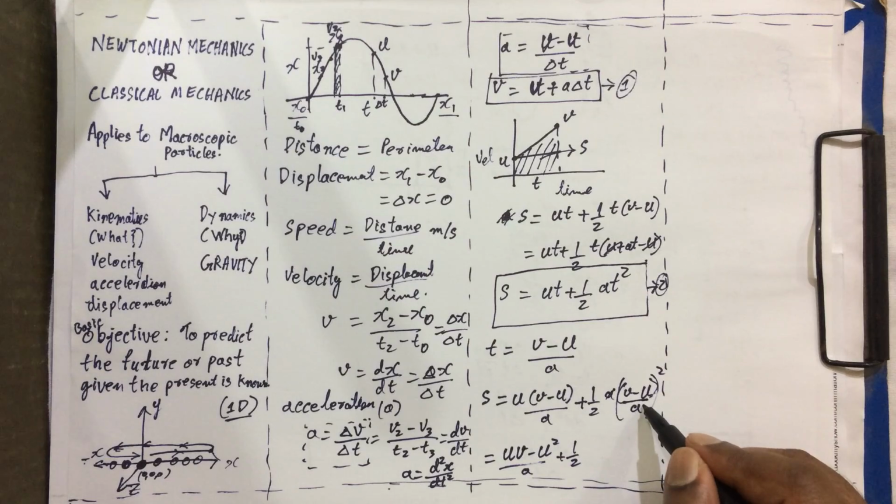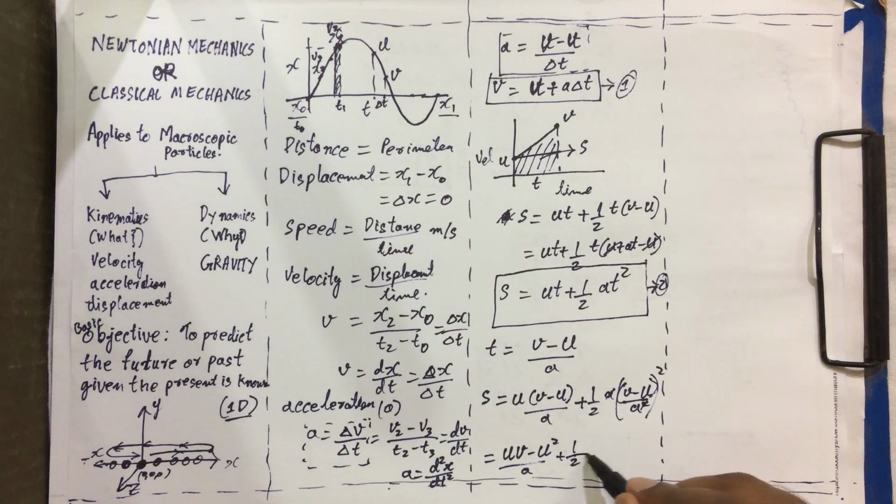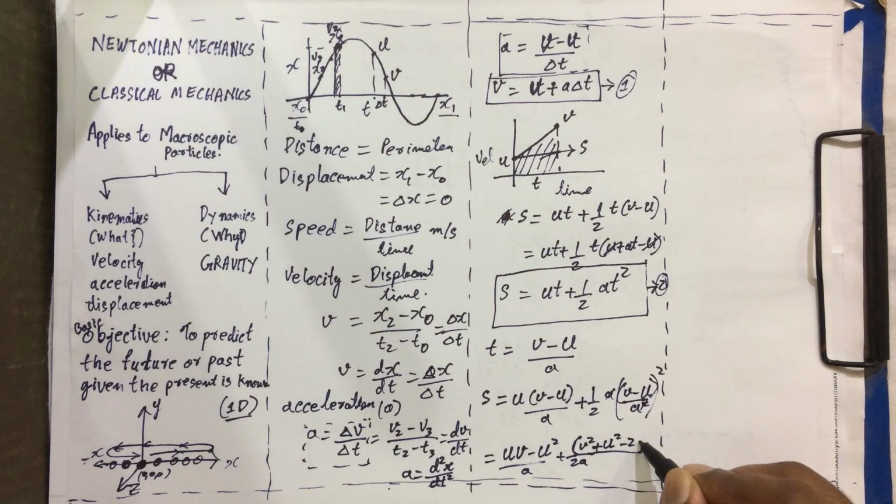This a and the square of this a will cancel each other, become by 2a, and on the numerator we will get v square plus u square minus 2vu.